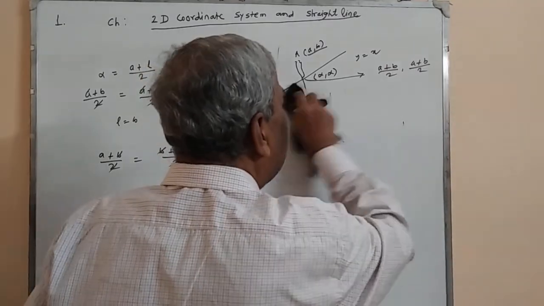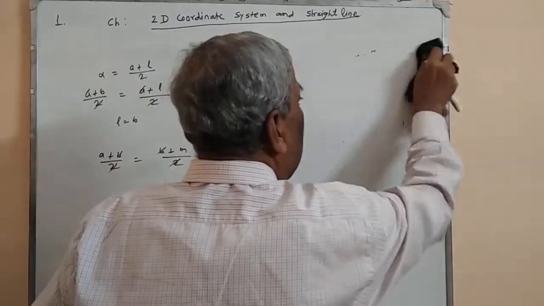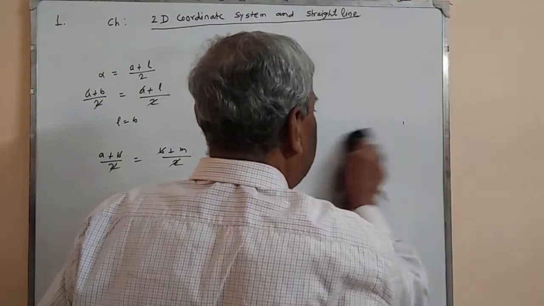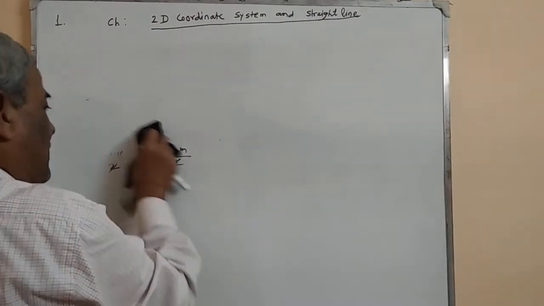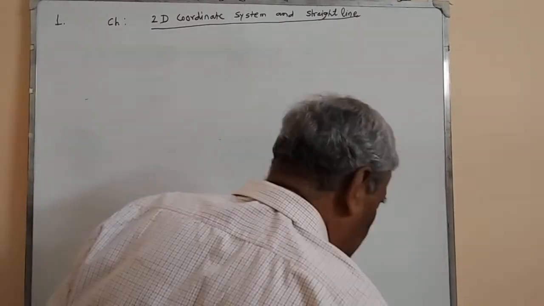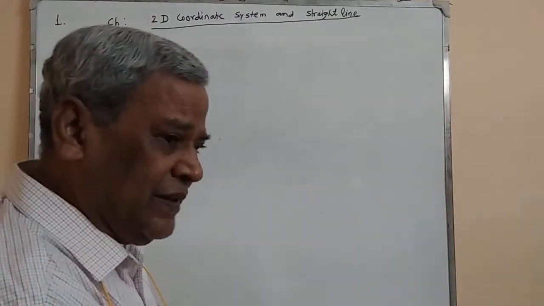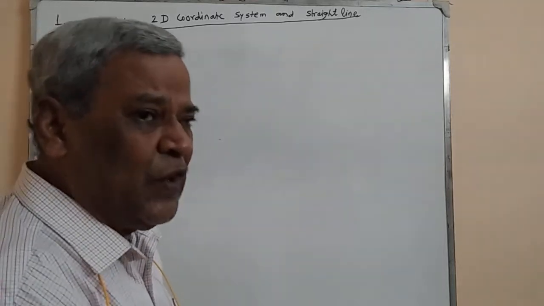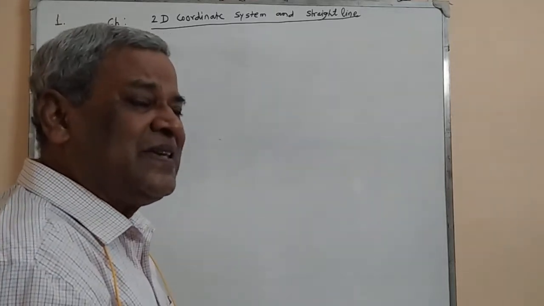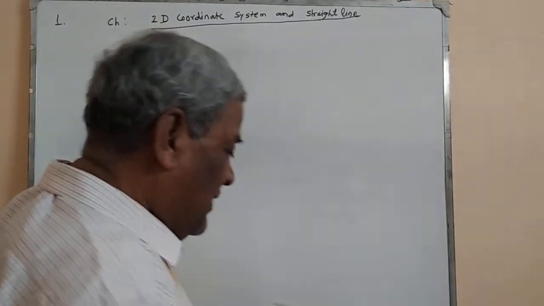So next, some problems are given from the concept of triangles. A triangle is given and we have to find its centroid, its circumcenter, its orthocenter.